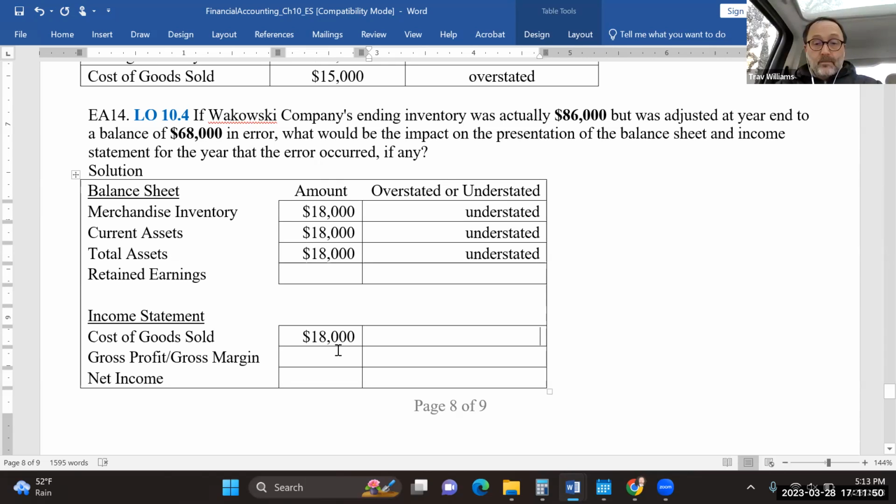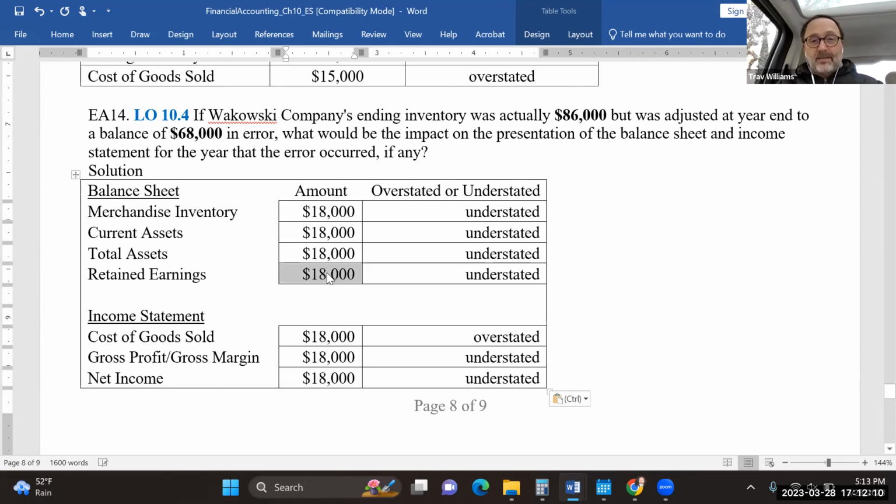Now, cost of goods sold is an expense. So if your expense is overstated, that's going to reduce your profit. Both your gross profit and your net income are going to be understated. And remember, net income is part of retained earnings. That's going to impact retained earnings in the same way.